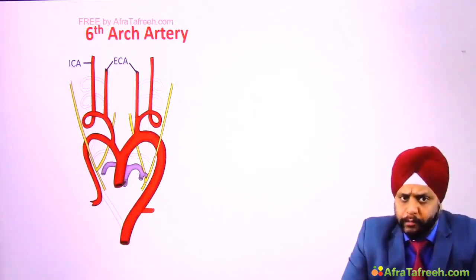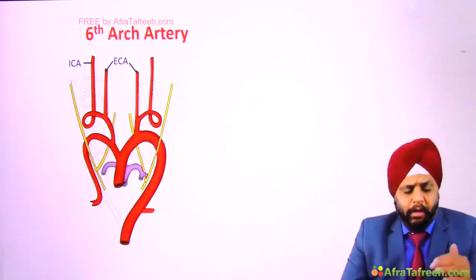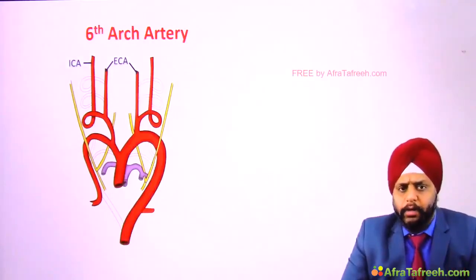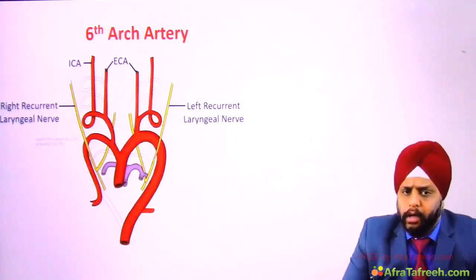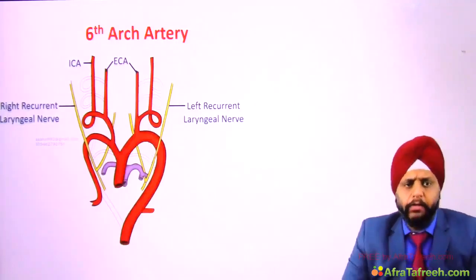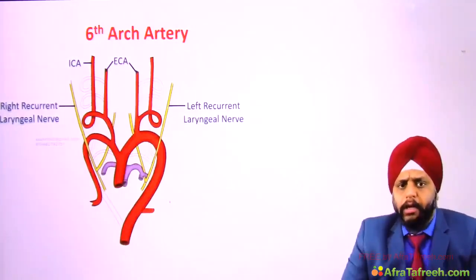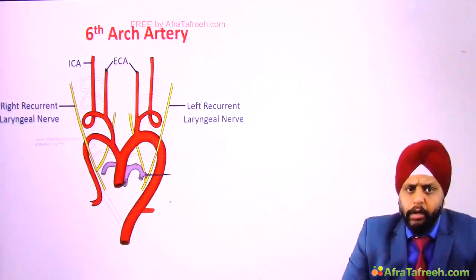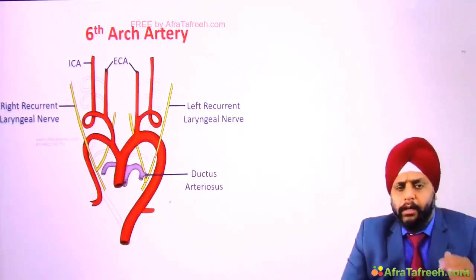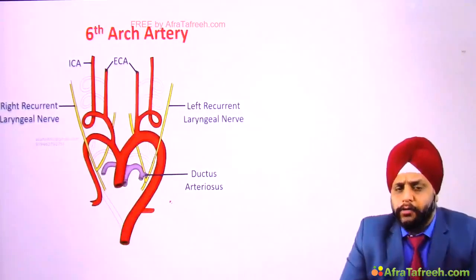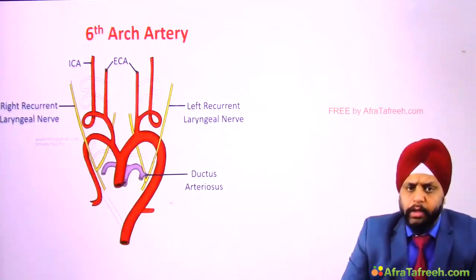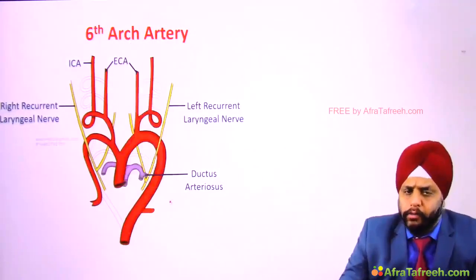Whereas on the left side, the sixth arch artery forms the ductus arteriosus. So you can see the right recurrent laryngeal nerve, the left recurrent laryngeal nerve, and the ductus arteriosus formed by the sixth arch artery. We can see the ductus arteriosus over here.